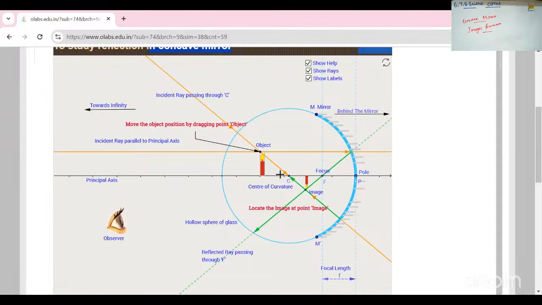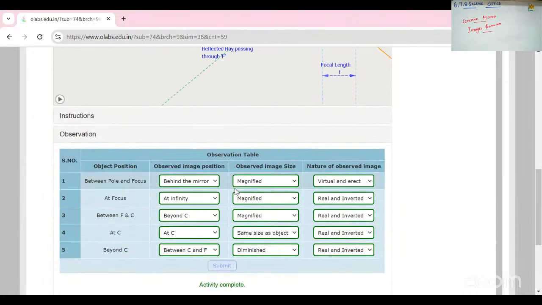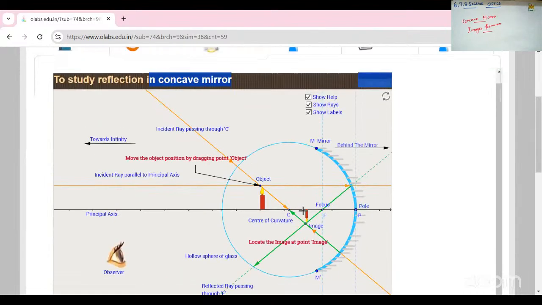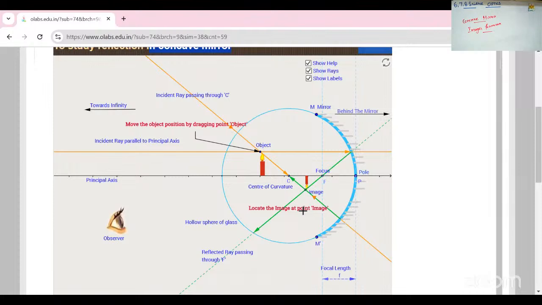When we keep it between the pole and focus, at the focus point, between F and C, at C, and beyond C, we get these kinds of images. These are the ray diagrams of the concave mirror. In the first case the nature of the image is real and inverted. So depending upon the position of the object, we get the result.